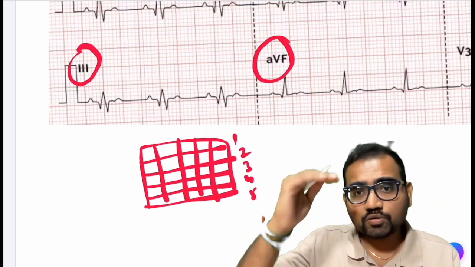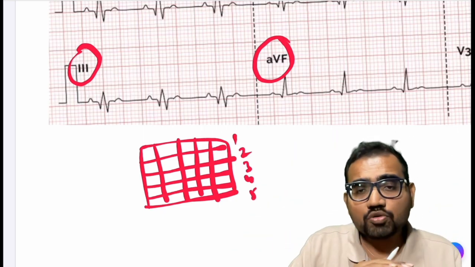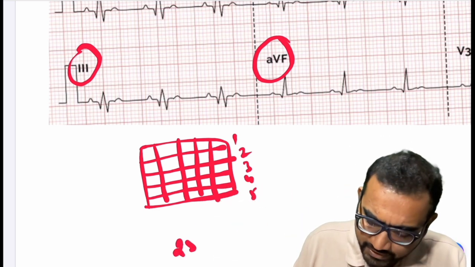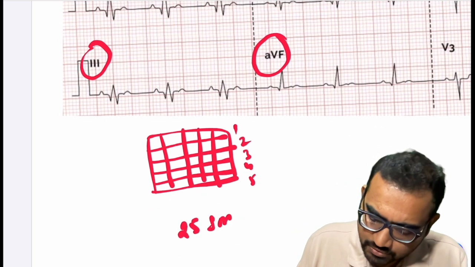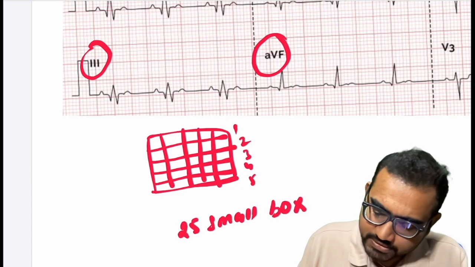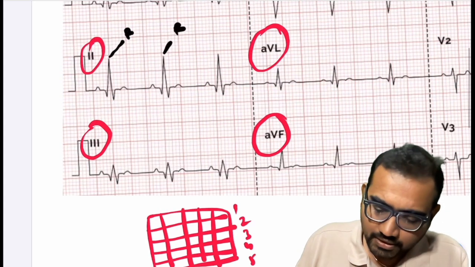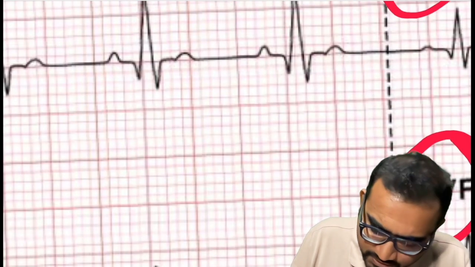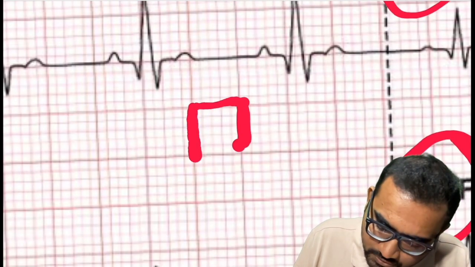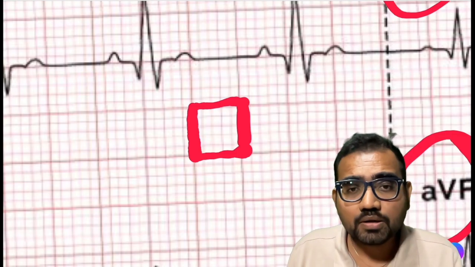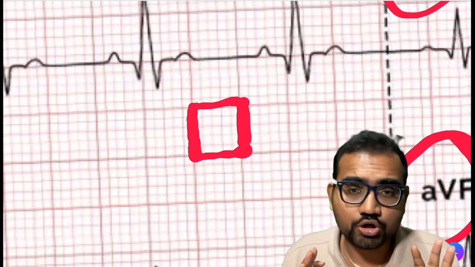So 5 rows, and each row has 5 small boxes horizontally. So 25 small boxes is equal to one big box. Now you see here, this is one big box. Inside a big box, you see 25 small boxes.